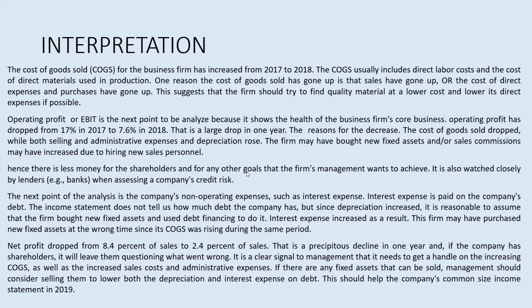One reason the cost of goods sold has gone up is that sales have gone up. Because of the increase in sales, we have to put more cost into materials. To cater for the increase in sales, we have to put in more labor. Therefore, the cost of goods sold may have gone up.